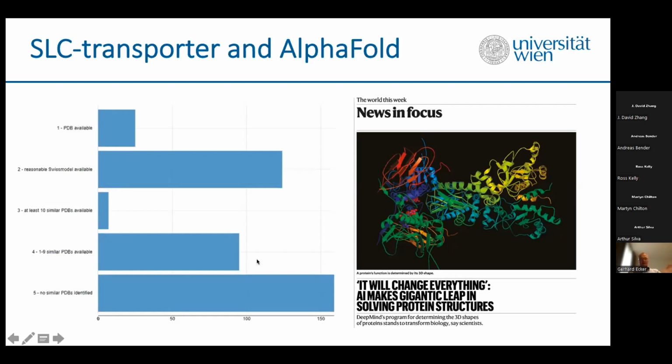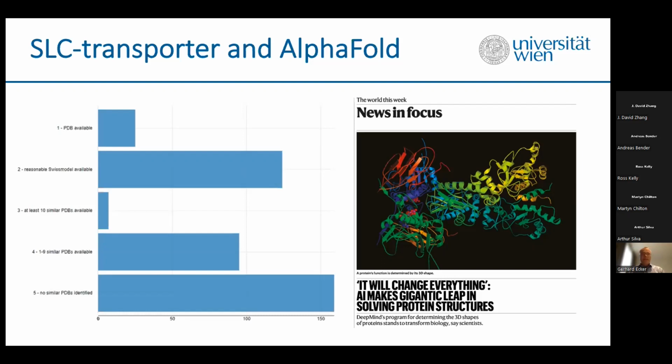Of course, now you can say for every human protein we have a 3D structure in AlphaFold, but be aware, we started looking at them. If you would like to really do the docking, you still need to carefully look at the structure, because AlphaFold, like all machine learning models, is only as good as the underlying training set.